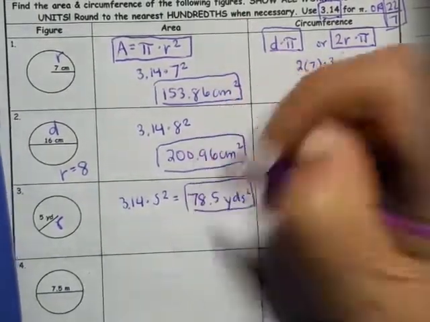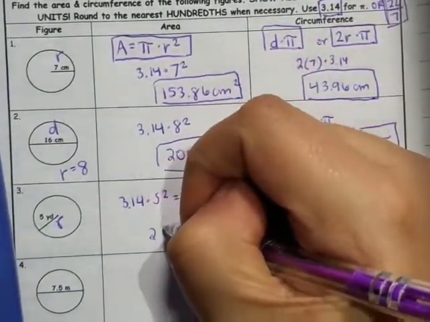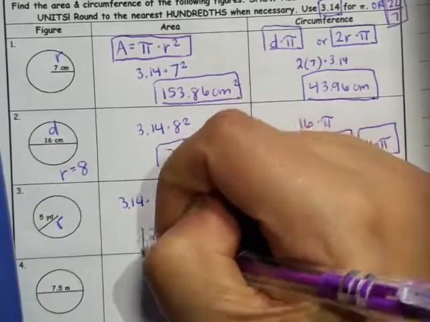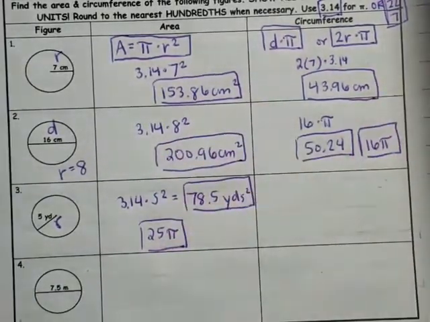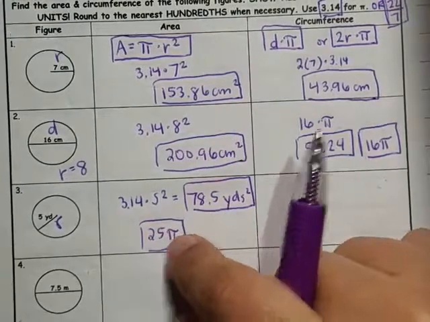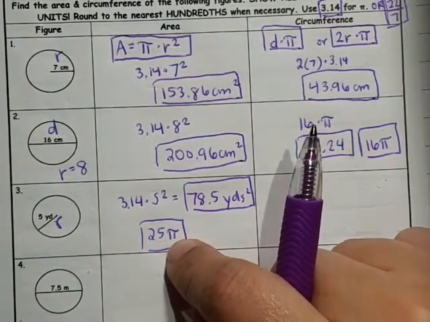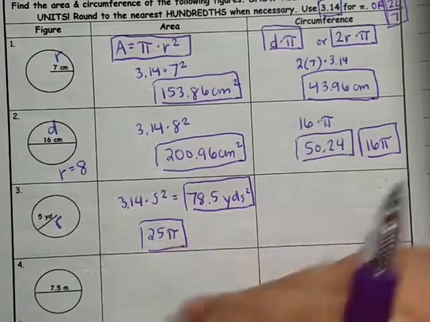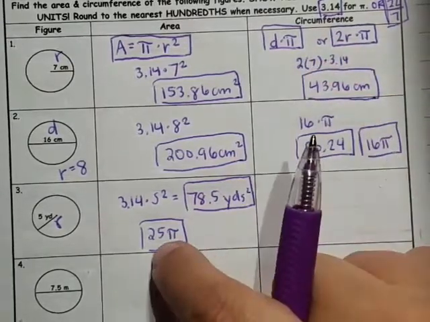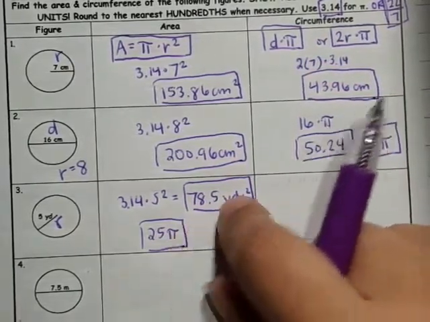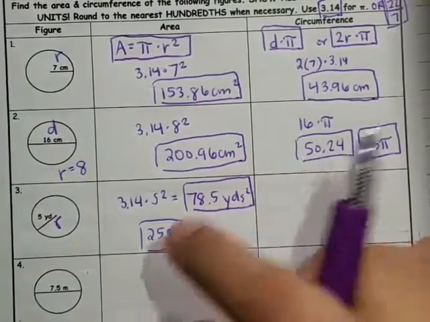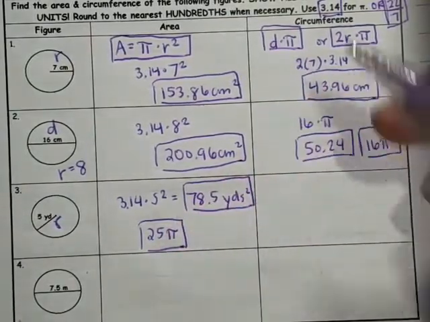If they had said leave in terms of pi, you could just say 25 pi. Both of these are pretty much the same. The only reason I can't say they're exactly the same is because pi is not 3.14. Pi is 3.14159 and so on. It's an irrational number. It goes on forever. So they are slightly different, but they basically give you the same value.